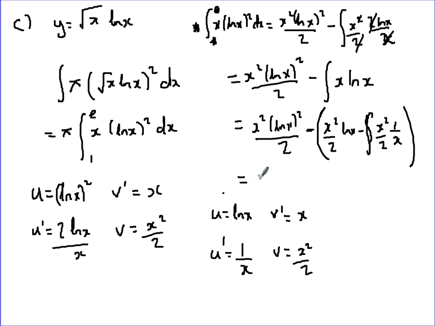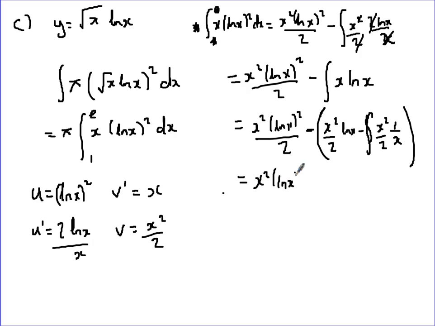That then gives us, I'm just going to remove this bit so it stays on the page, x squared ln x over 2 minus x squared ln x over 2.